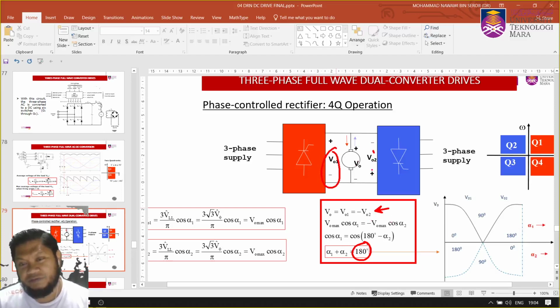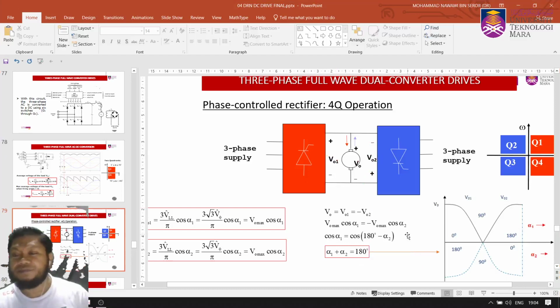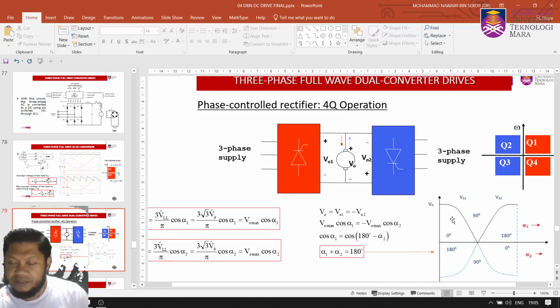So if you have negative V out 2, then you have the positive. Right? So that means if you have alpha equals 30 degree, then look at that, reverse, isn't it? Here we have V out 1 positive, V out 2 will be negative.